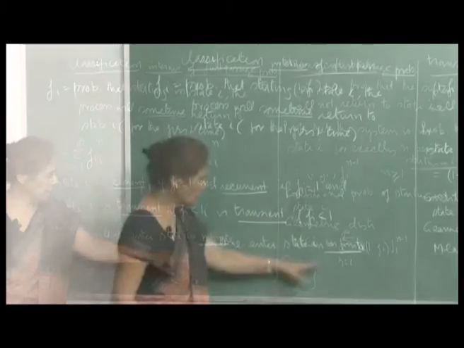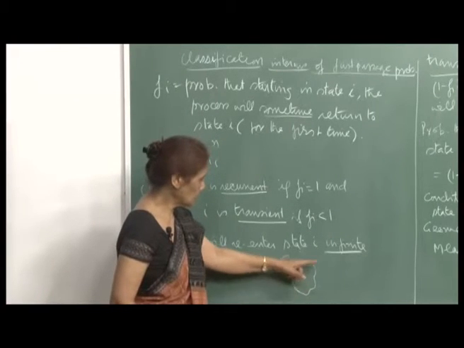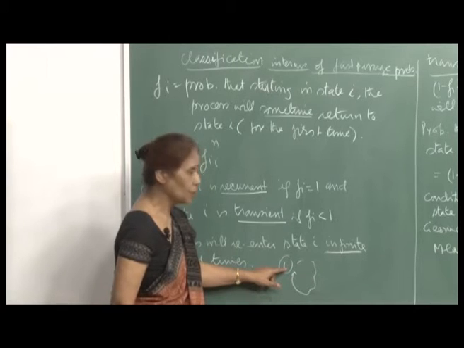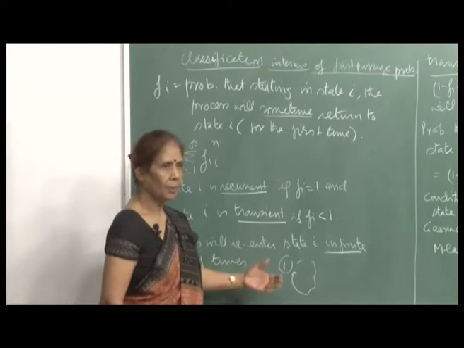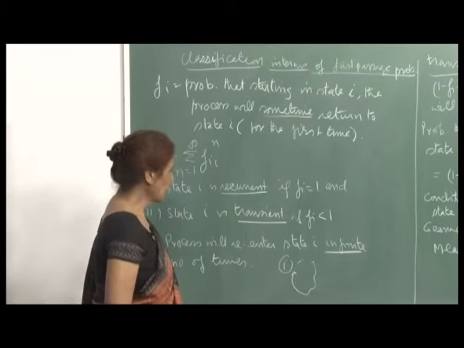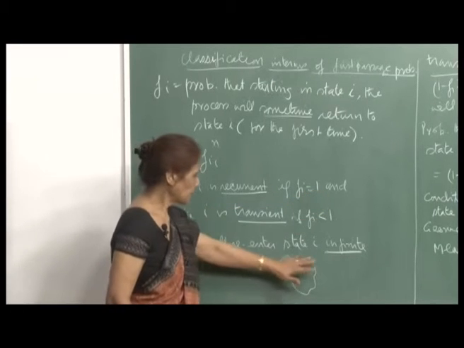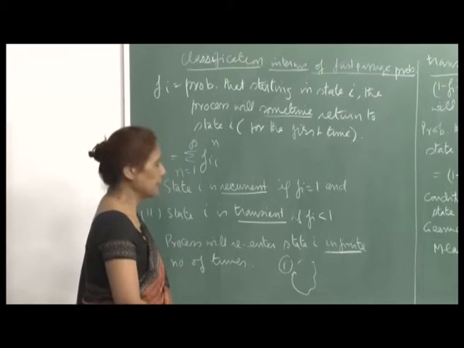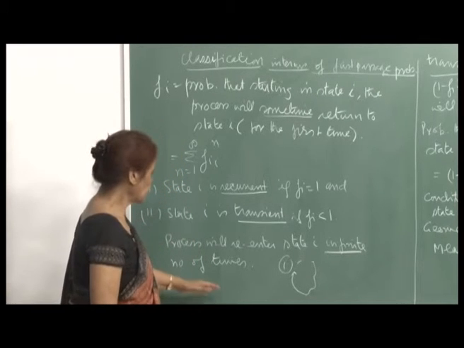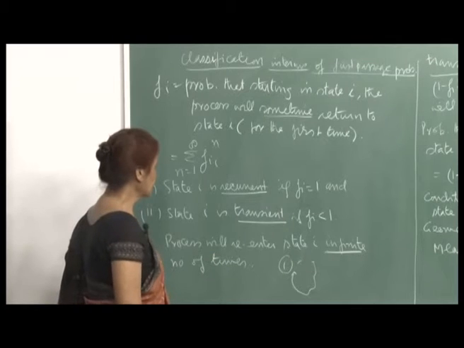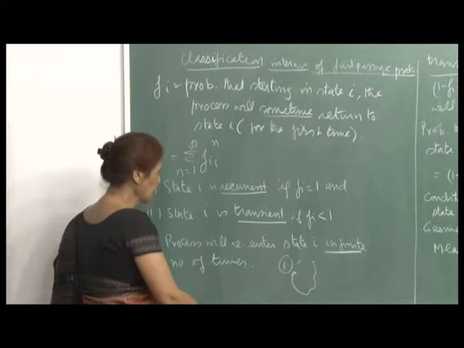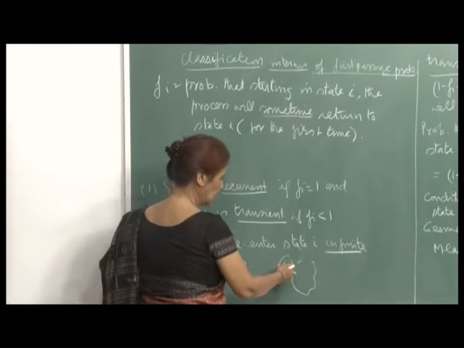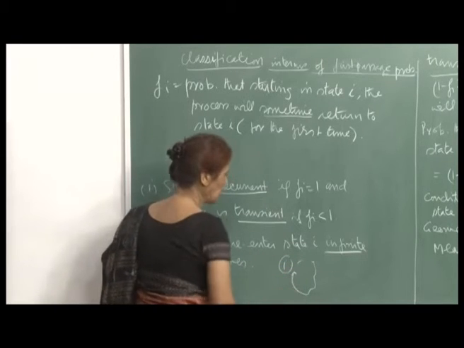Then you will again go to other states and come back to i. Every time you come back, the system starts fresh, and since f_i is 1, you will keep coming back to i an infinite number of times.